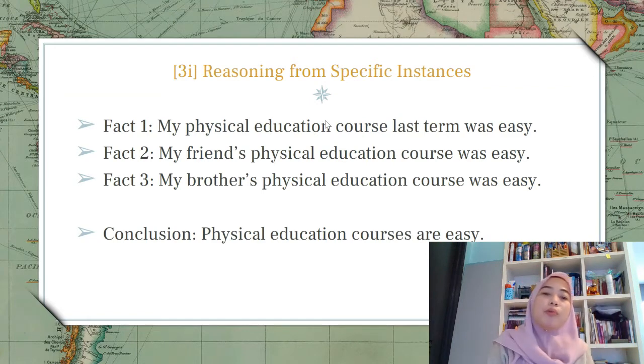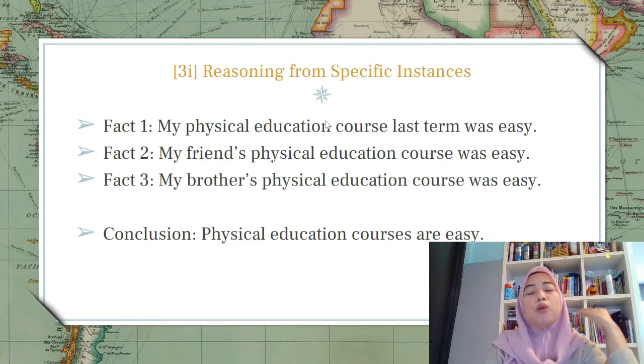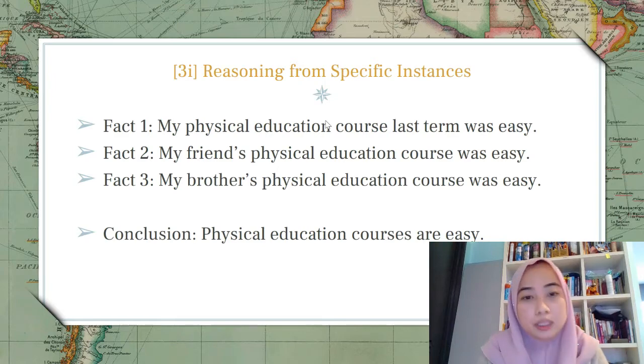The first fact we have here: my physical education course last term was easy. My friend's physical education course was easy. The third fact is that my brother's physical education course was easy. So you want to draw the conclusion that maybe physical education courses are easy. You have three different facts and they are all coming from testimony.